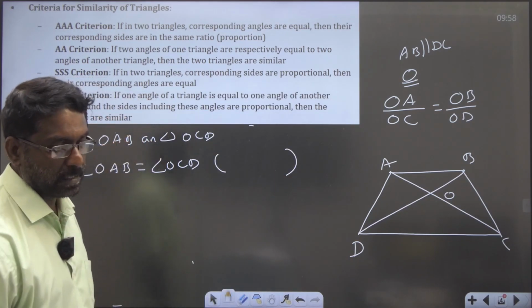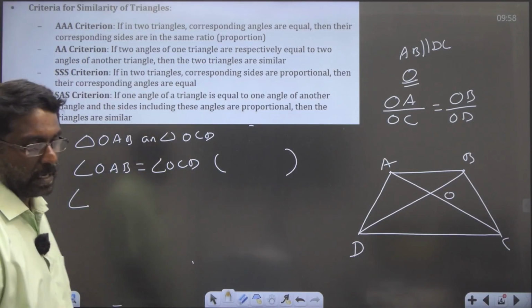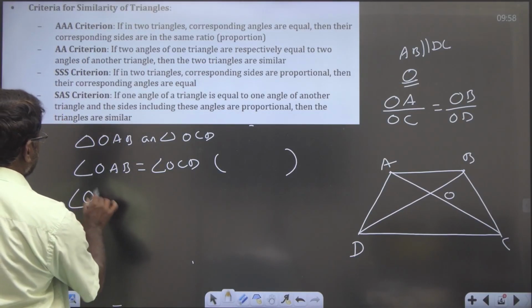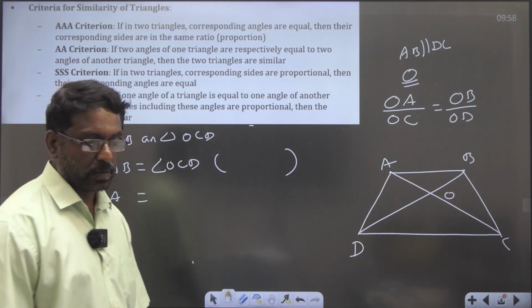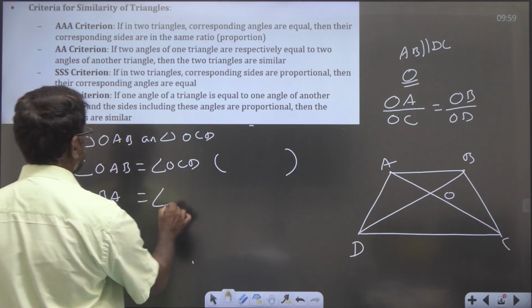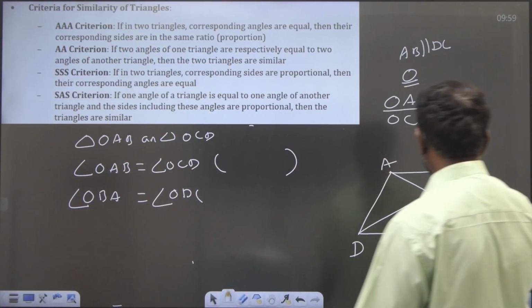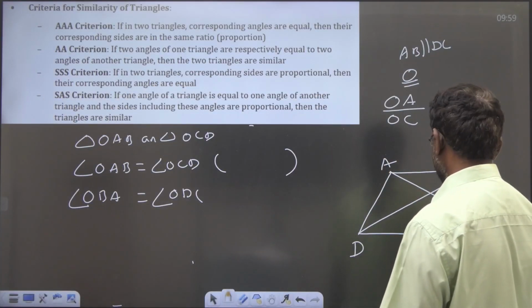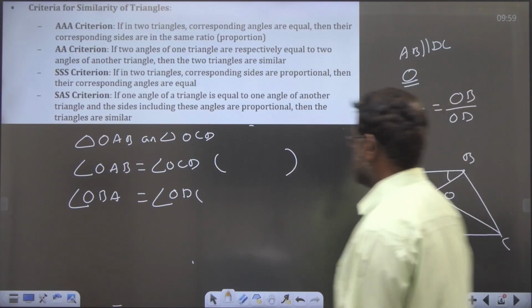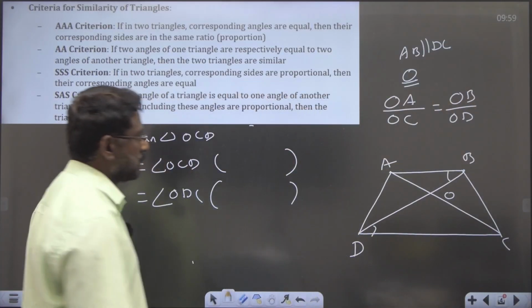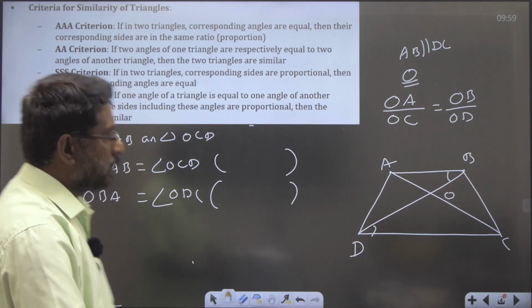Similarly, angle OBA is equal to angle ODC. These two angles are equal. Reason? Same reason, alternate interior angles.